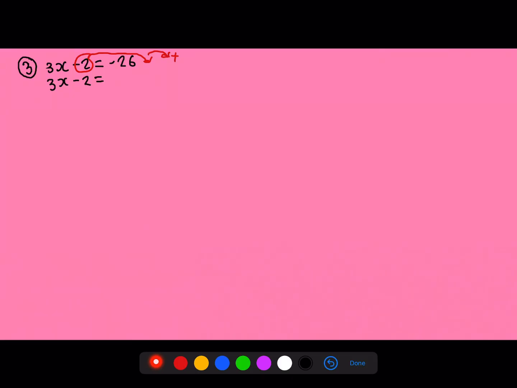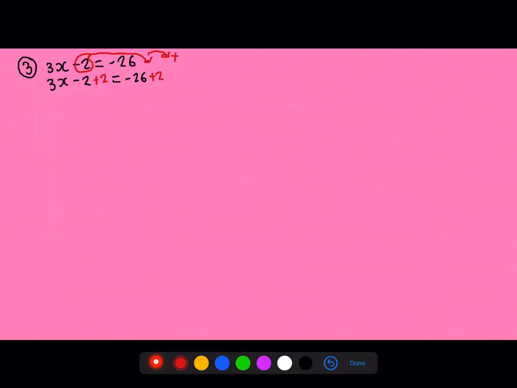And now we have to do 3x minus 2. So my bad, we have to do 3x minus 2 plus 2, so it can cross out, and then we get equals negative 26 plus 2.